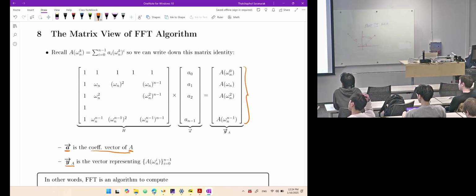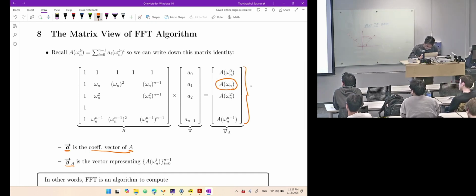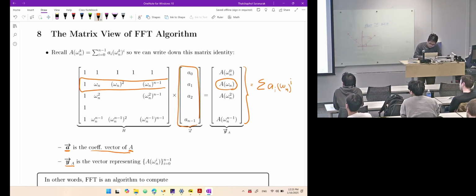So let's verify this, at least at this point. You can write it down as the sum of a I omega n to the I. So you can see that this is exactly this vector multiplied with this vector. And the next row is the same too.